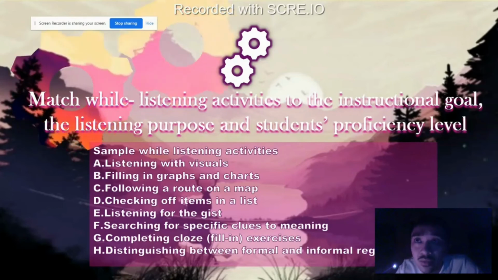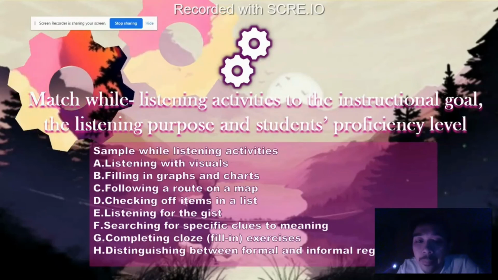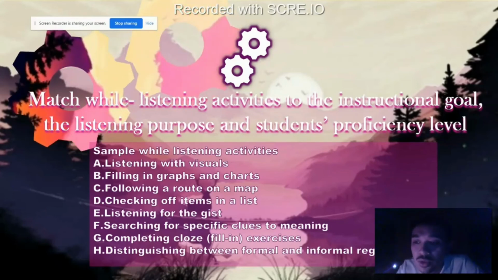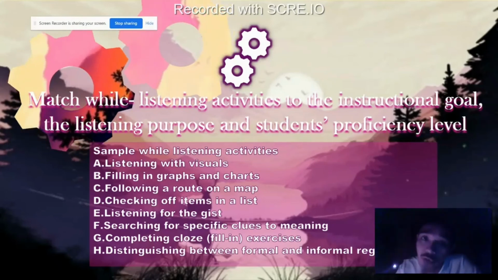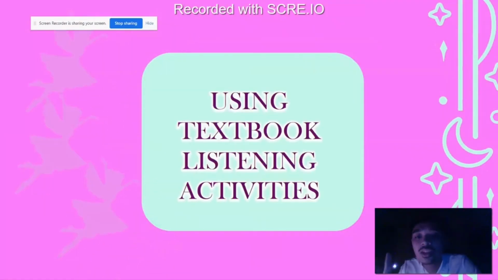I think it goes with the tone being used, wherein we have to determine the language that is being used as well, so as to compare it between the formal and informal registers. And next is using textbook, which is going to be handled by a different reporter.